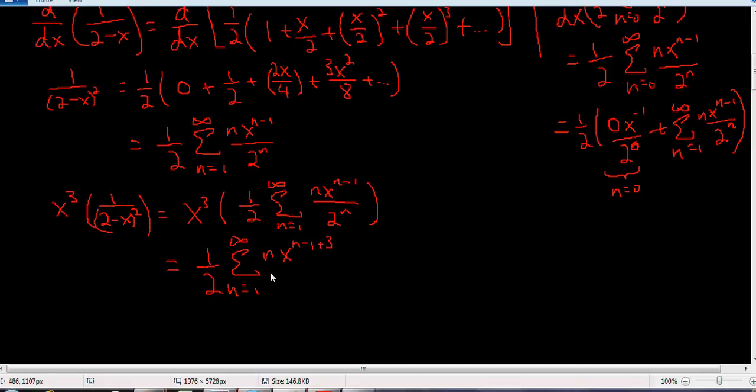Right? I'm just adding the exponents over 2 to the n, and this is just going to be equal to the sum, and I'm bringing the 2 in as well. Why not? And this is n x to the n plus 2. Right? Negative 1 plus 3 is 2 over 2 to the n plus 1.